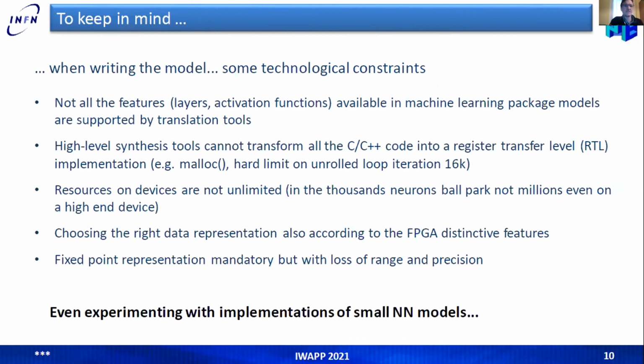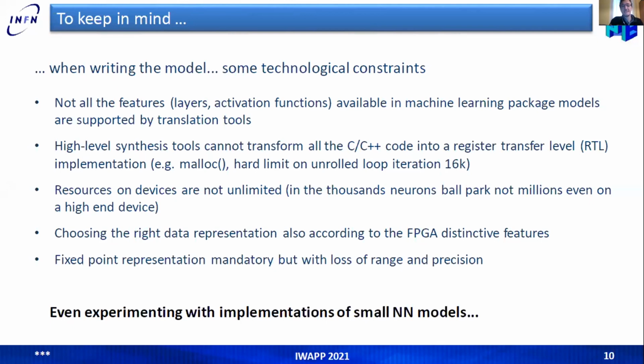Okay, there are some things that we have to keep in mind when writing the model. We have to take into account some technological constraints. Not all the features available in TensorFlow, PyTorch, and so on are supported by the translation tools.